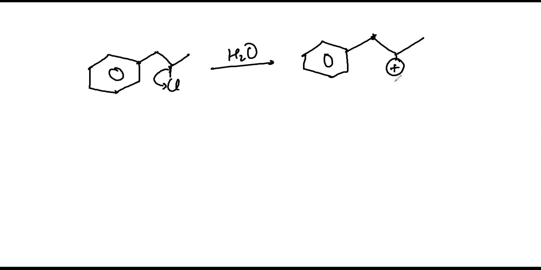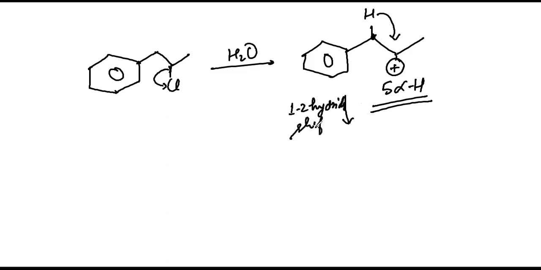At this time, it is having 5 alpha hydrogens. But if you do this, we call it a 1,2 hydride shift. If you perform this, we'll get this.